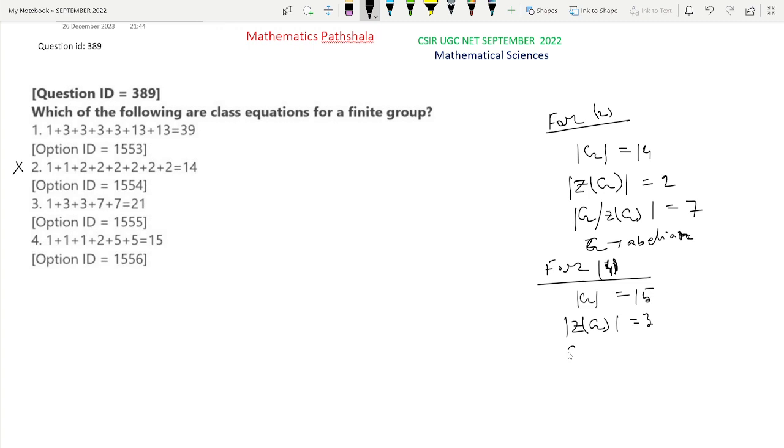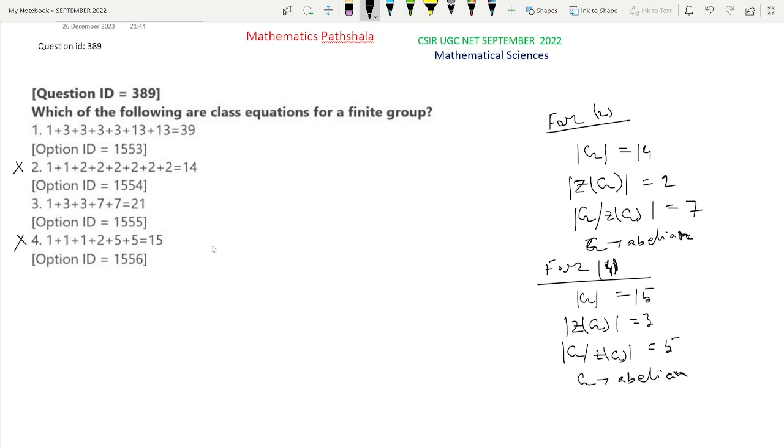So G by Z(G) is a group of order 15 by 3, that is 5, a prime number. So G by Z(G) is cyclic and hence G is abelian. So similarly the class equation will be 1 plus 1 plus 1 up to 15 times. So this is not the right class equation for a group of order 15. So this is not the correct option.